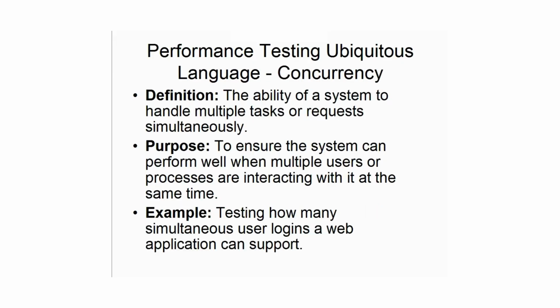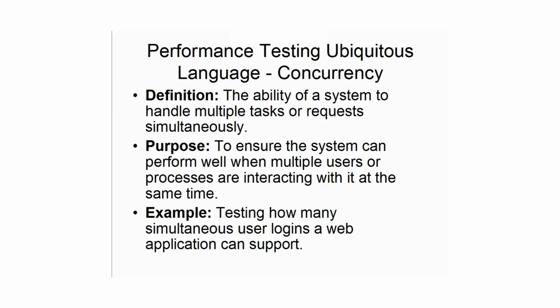What is concurrency? Concurrency is the ability of a system to handle multiple tasks or requests simultaneously. The purpose is to ensure the system can perform well when multiple users or processes are interacting with it at the same time. For example, testing how many simultaneous user logins a web application can support.